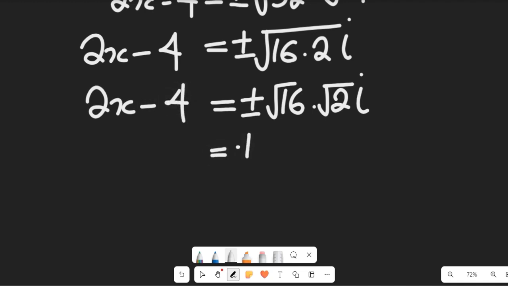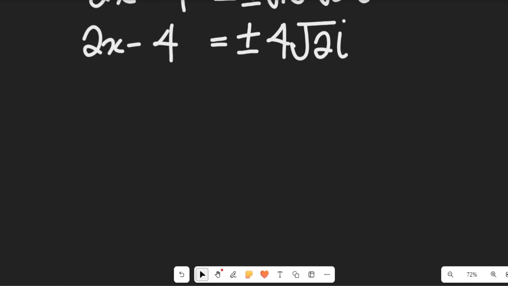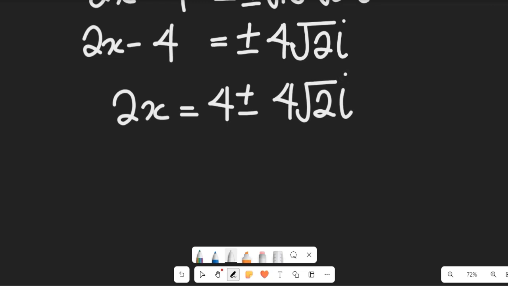So this is going to give me plus or minus 4 root 2i for 2x minus 4. So I'm going to expand this, and this will give me my 2x equal to 4 plus or minus 4 root 2i.